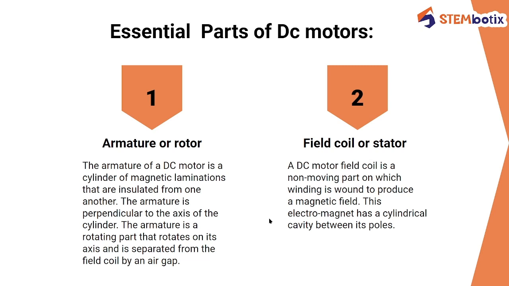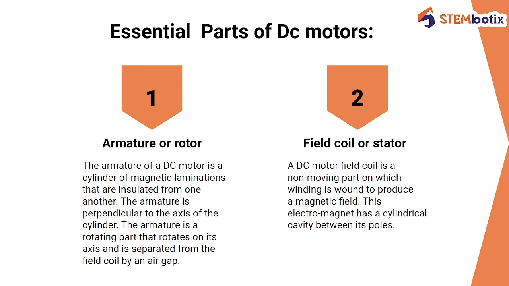So let's see its essential parts. First is the armature, or you can call it the rotor. The armature of a DC motor is a cylinder of magnetic laminations that are insulated from one another. The armature is perpendicular to the axis of the cylinder.